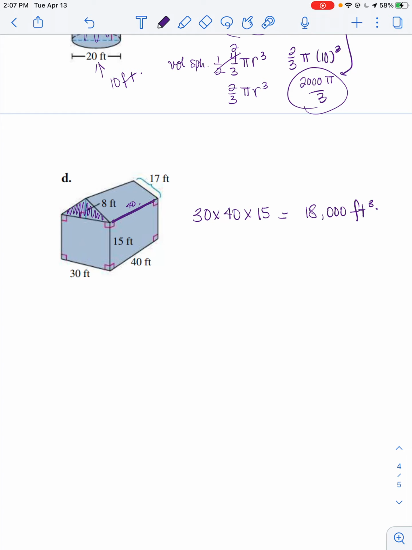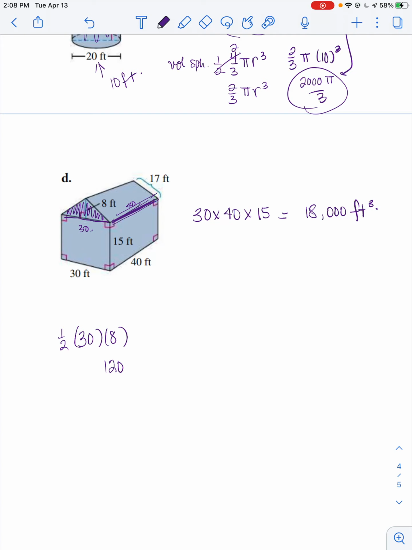So I take the area of that base, I'll stick a 30 in there, and the area of that base, which is a triangle, is 1/2 base of 30 times height of 8, or it would be 30 times 4, and I'm coming up there with a 120. So that's the area of my base, 120 feet squared, and now I have to take that area across the entire height of the 40.